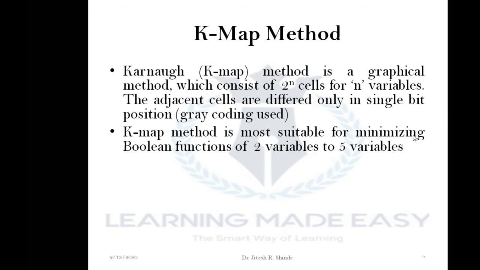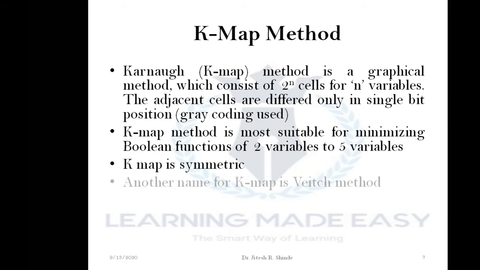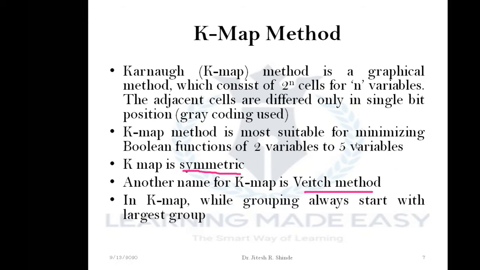K-map is symmetric. As the session progresses, I will explain how the K-map is symmetric in nature. Another name for the K-map is which method? In K-map, while grouping, always start with the largest group. Why should we start with the largest group? This explanation I shall be giving very soon.